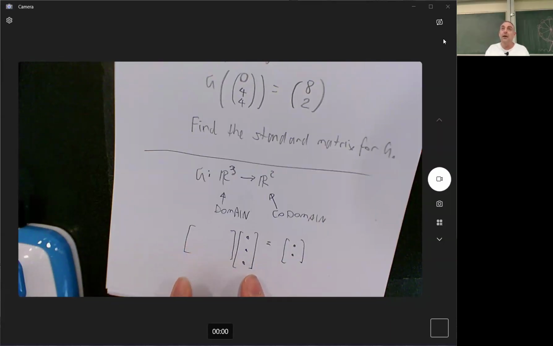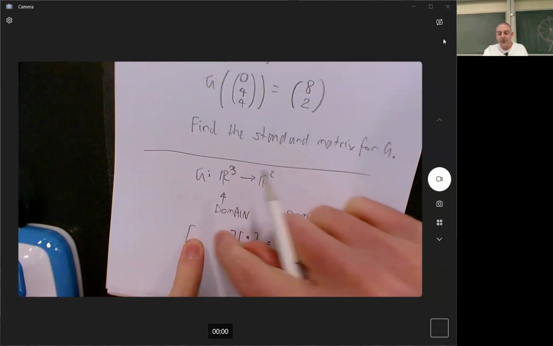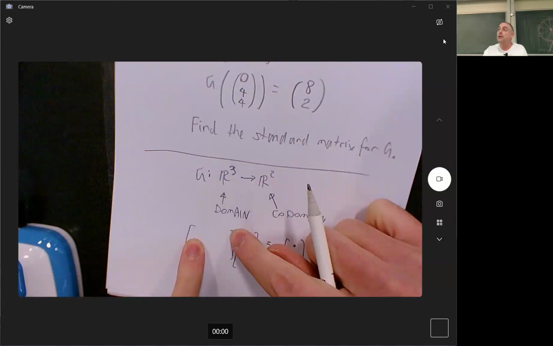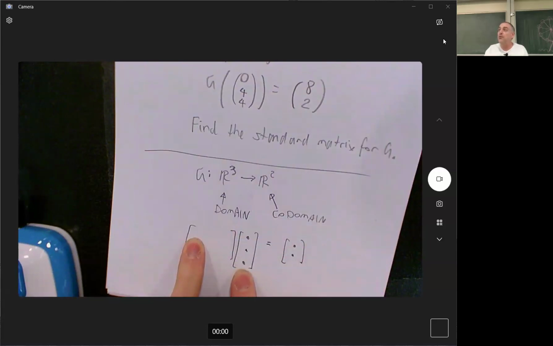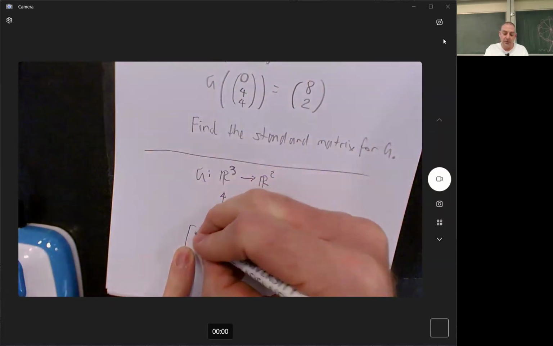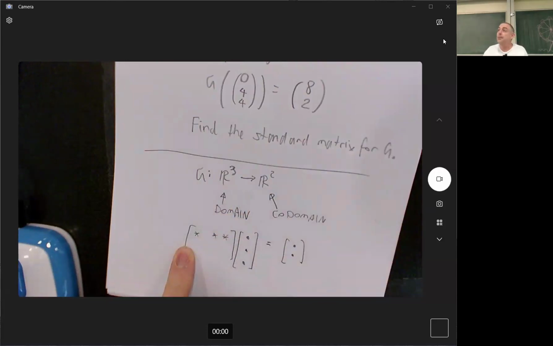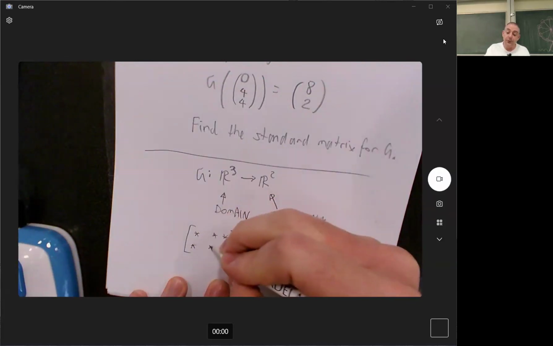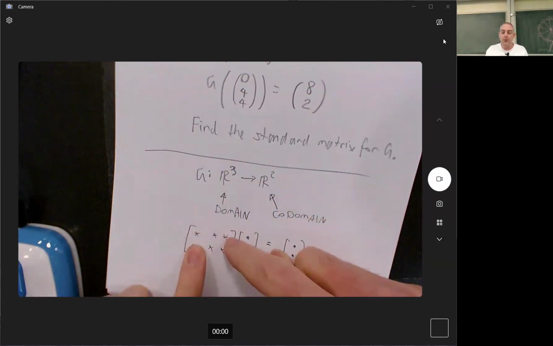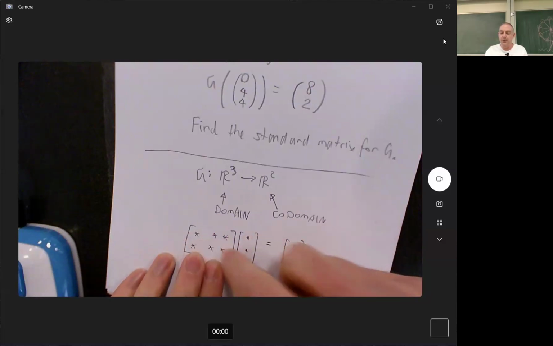So here's the thing. If I want to multiply a matrix here, it's going to have 3 positions here so that I can multiply by the 3 positions here. So I'm going to need to have 3 positions there because this times that has to be possible. But if I want the answer to have 2 coordinates, I'm going to have 2 rows. This row will produce that answer, and this row will produce that answer.